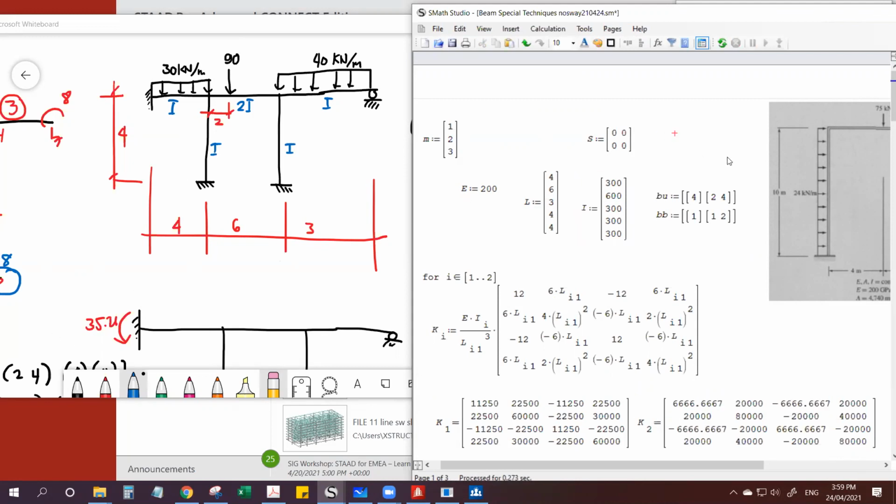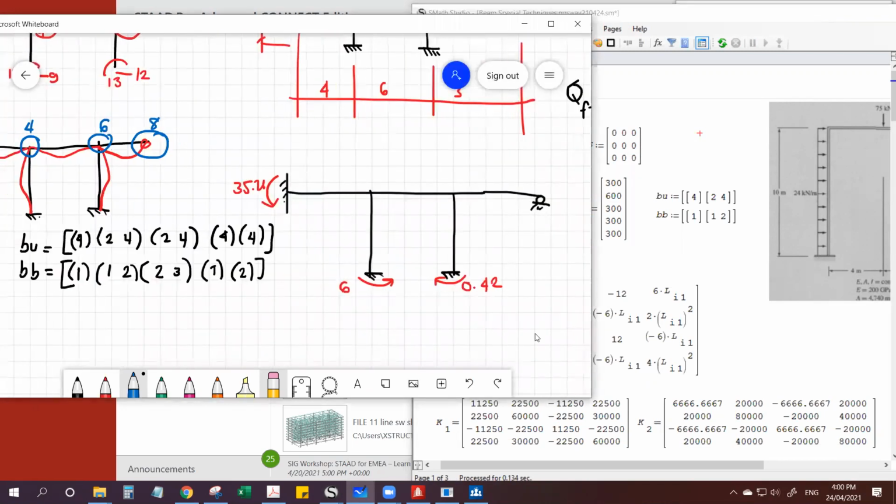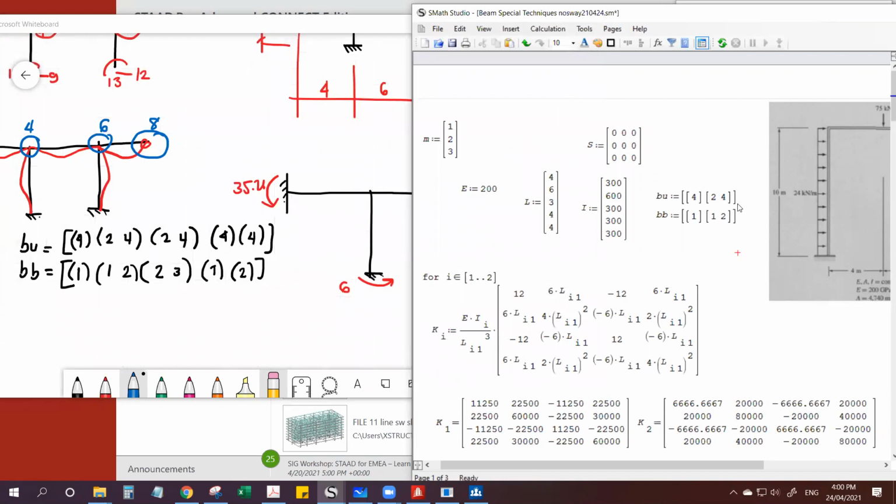S is 3 by 3, so I'll make a null matrix size 3 by 3. Make this 0. Okay, then BU is here. Okay, 4, 2, 4. So I'll expand this.